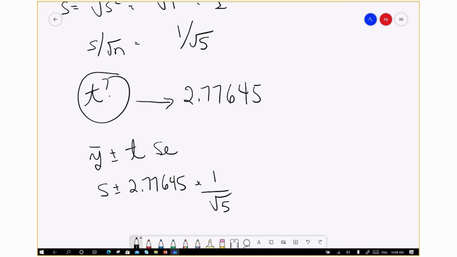If we do that correctly, we should get a value between 3.8 and 6.2. That's the appropriate 95% confidence interval on the sample mean when the variance of the underlying population is unknown and estimated by the sample variance.